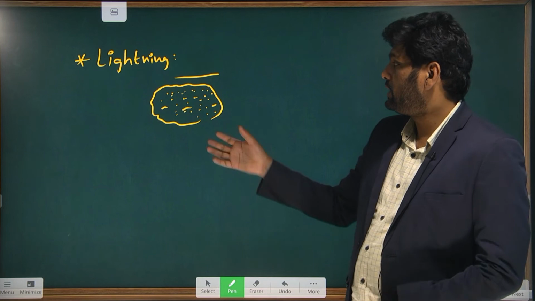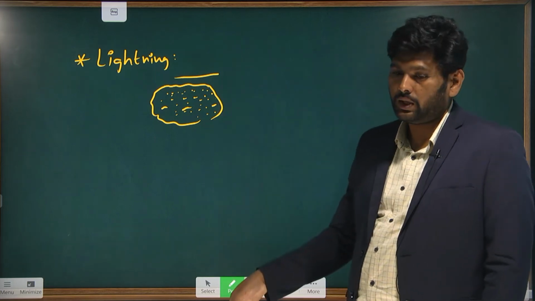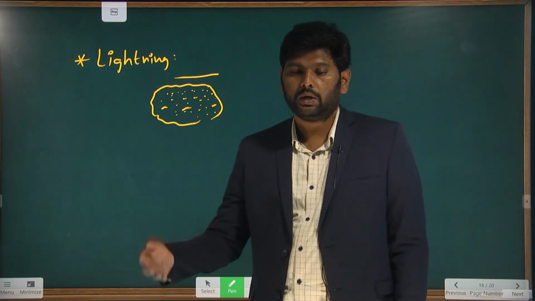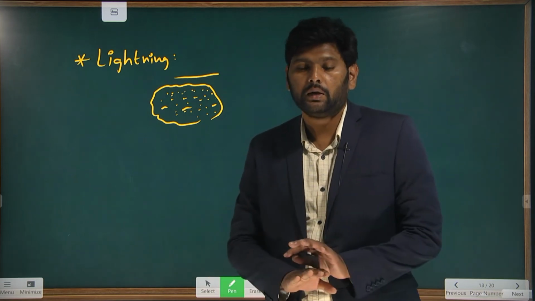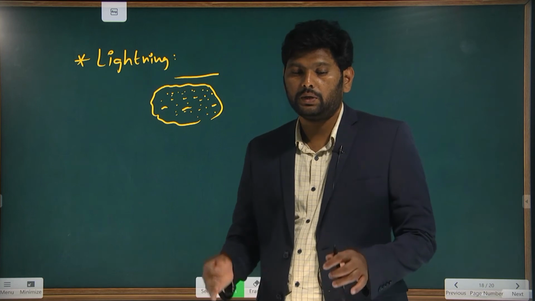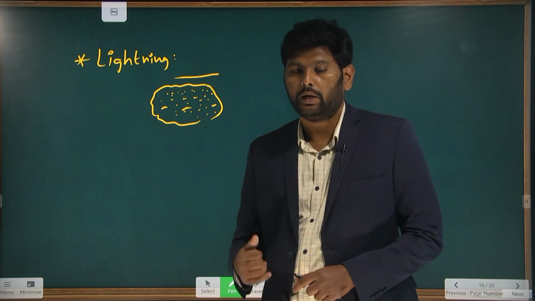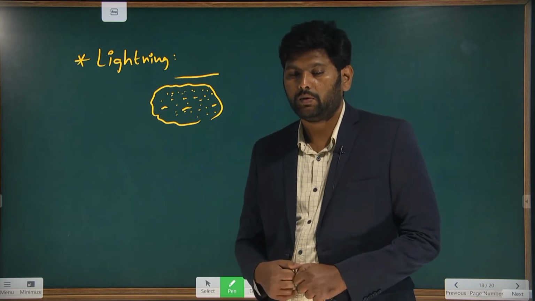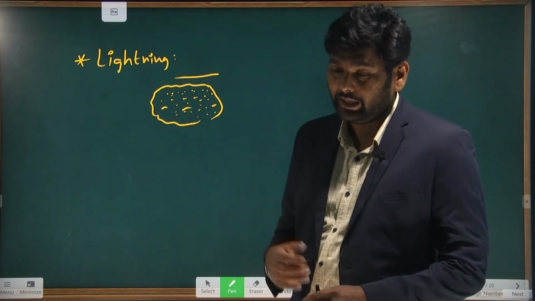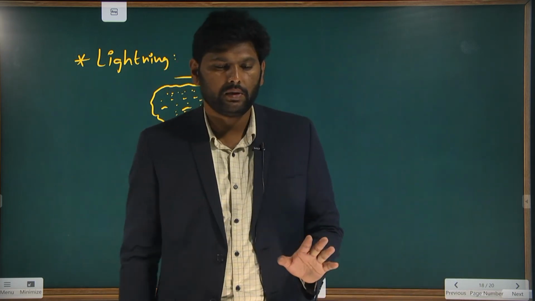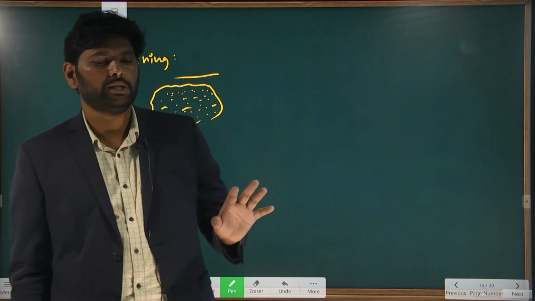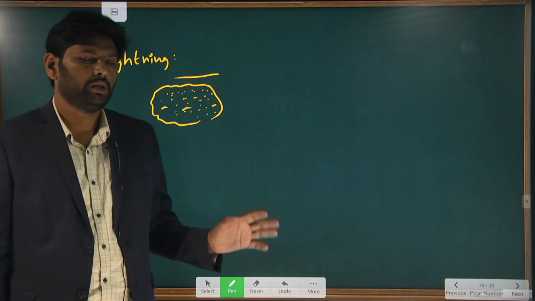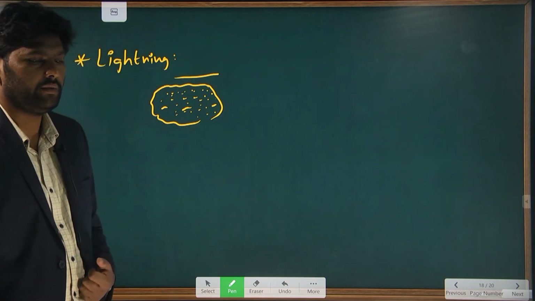If this lightning reaches the earth, the total charges entering the earth get nullified. So this is the lightning chapter, a simple concept. What is the simple concept here? Because of the transfer of charges between the clouds, we are having lightning.